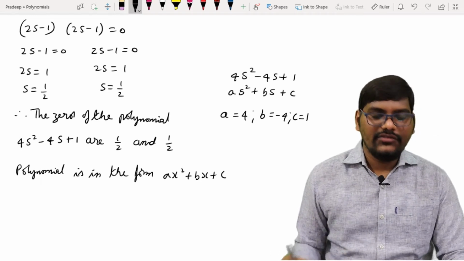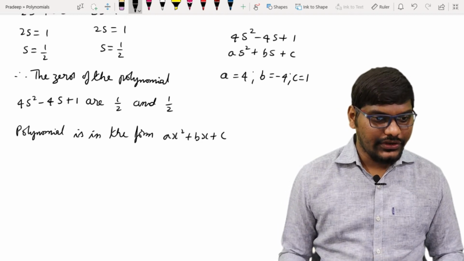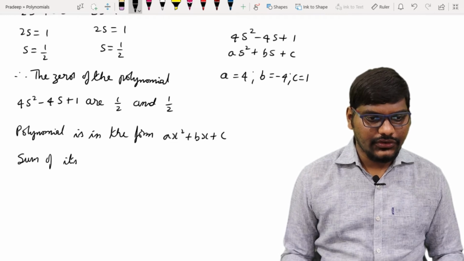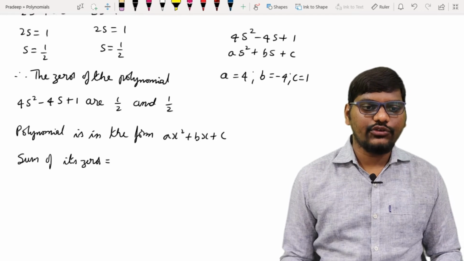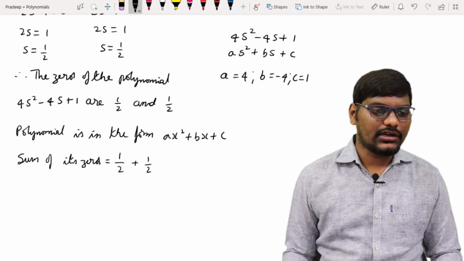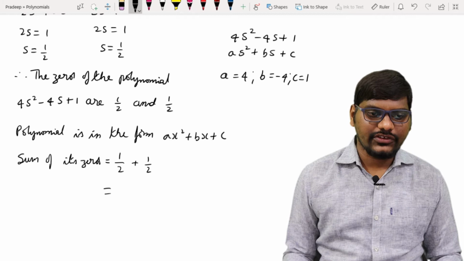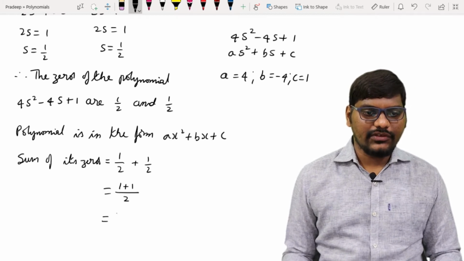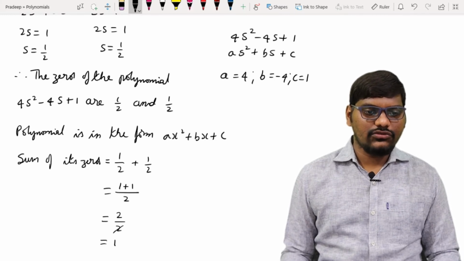So let's go forward and find the sum of the zeros of the polynomial. Sum of its zeros: we got two values, 1 by 2 and 1 by 2. Sum in the sense we just have to add both of the values. As the denominator is 2 in both cases, we just add the numerators. So 1 plus 1 by 2, 1 plus 1 is 2, so 2 by 2 gives the value 1.